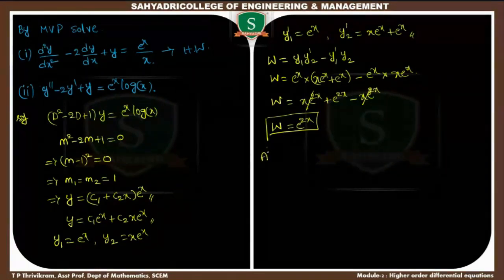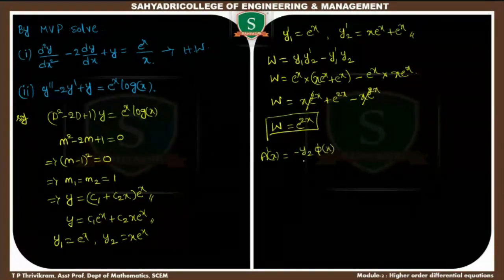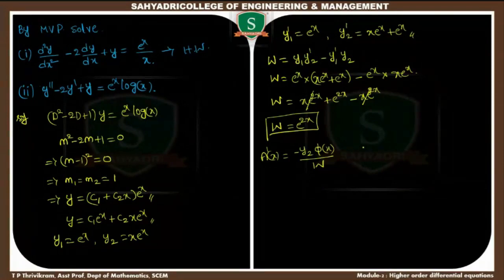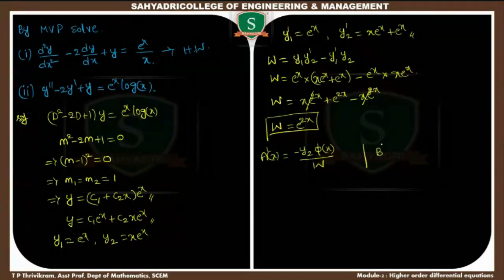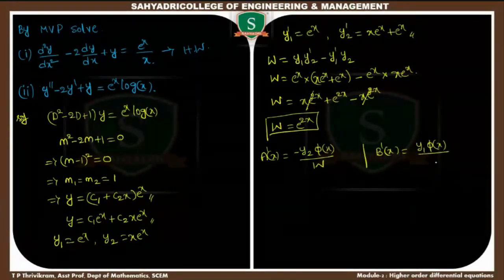Now a dash of x is equal to minus y2 phi of x divided by Wronskian. Similarly, b dash of x is equal to y1 phi of x divided by Wronskian.